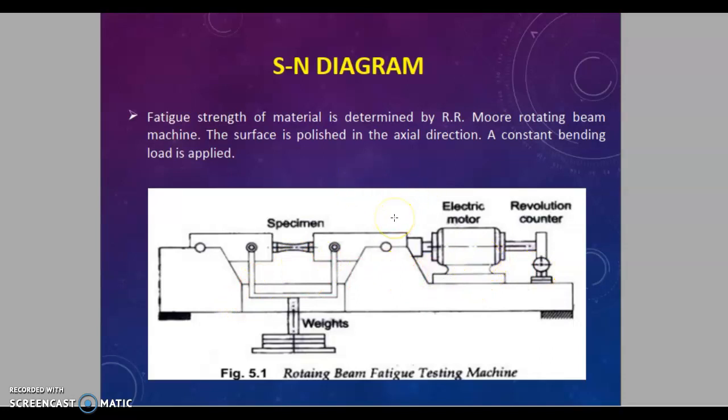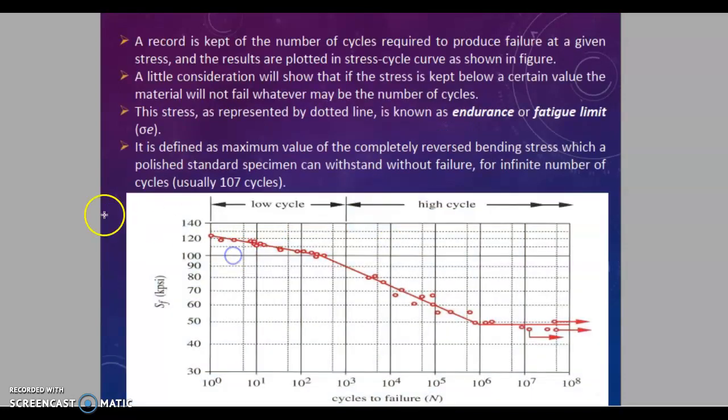Okay, let's see the S-N diagram. Here this diagram is represented on a logarithmic scale. On the x-axis, 10 raised to 0 means 1, 10 raised to 1 means 10, 10 raised to 2 means 100. So this is the logarithmic scale, and the y-axis is also a logarithmic scale.